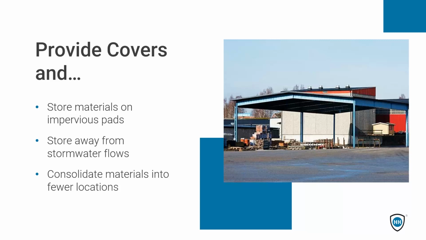And providing covers. This is important for anything that can be stored outside and can be under cover. It may not make sense for bulk salt piles. It may not make sense for bulk shale, or it may not make sense for a bulk sand pile, whatever those things might be. But look for other things that you can provide coverage for.